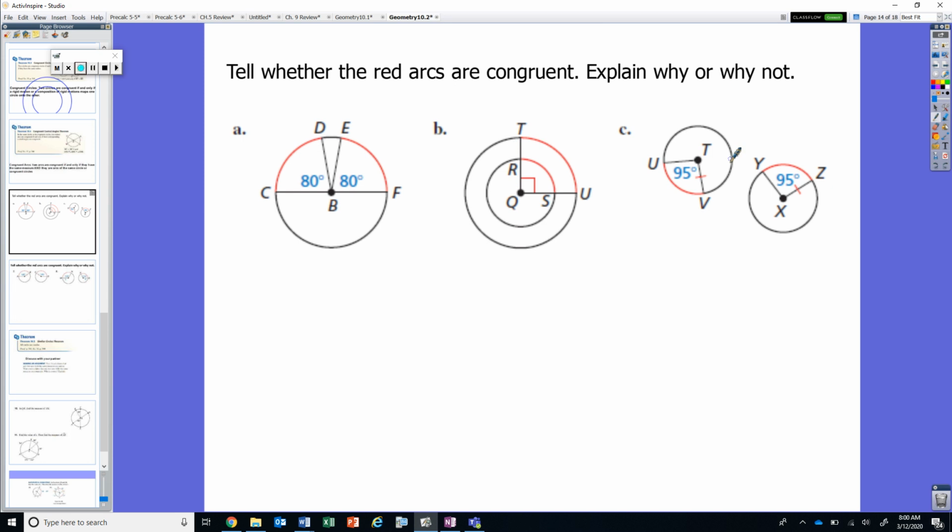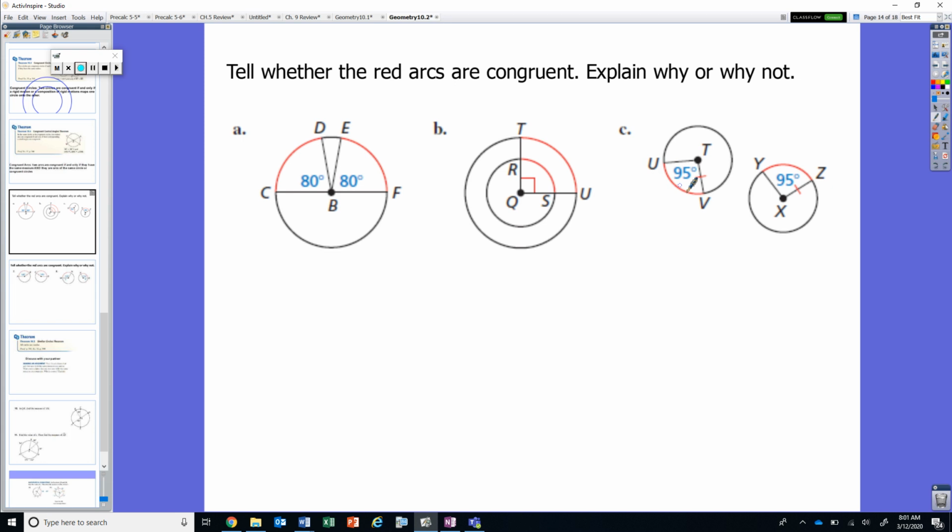In part C, two separate circles. However, the key factor is that the two radii are congruent. TV and XZ are congruent radii. Therefore, they are congruent circles, meaning that not only are the central angles of 95 degrees congruent, the measures of arc YZ and UV are also congruent arcs with equal measures.